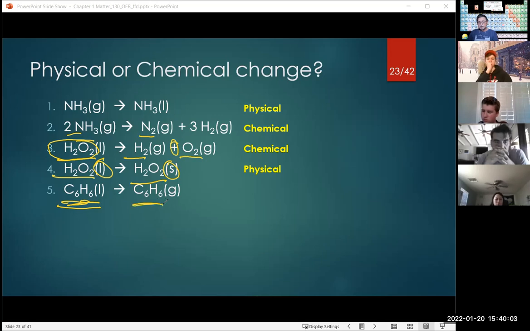And we look at the arrow, and on the product side, again, nothing there, nothing happened to it. It's still C6H6, same hydrocarbon. And we can verify again by looking at the physical state. It went from a liquid to a gas. Okay, so this is an example of a physical change.